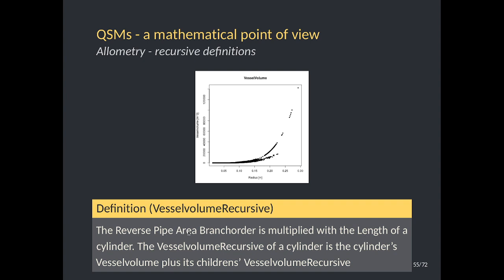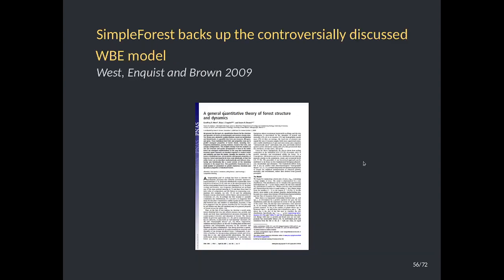Sorry, this is an area, so it's a proxy for the cross-sectional area, not the radius. And if we multiply this with the measured length of the cylinder, we get a proxy for the volume, and then we just apply the recursive definition to get the vessel volume, and this is a really nice stable function, as we can see.